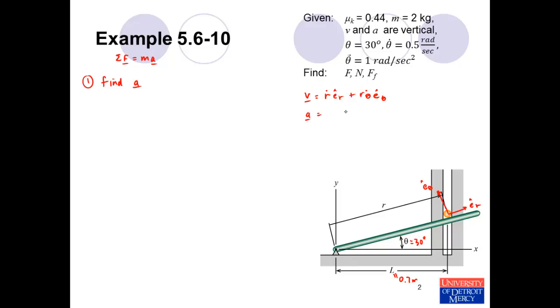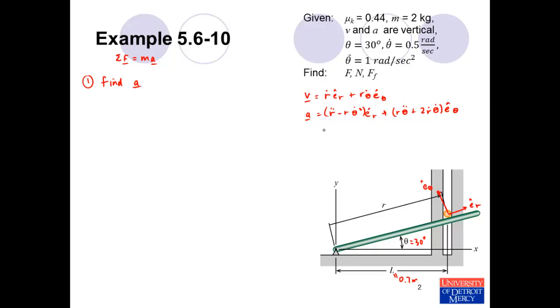And then the acceleration has the form r double dot minus r theta dot squared in the radial direction plus r theta double dot plus 2 r dot theta dot in the transverse direction.